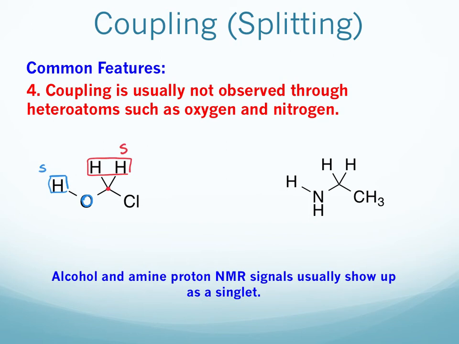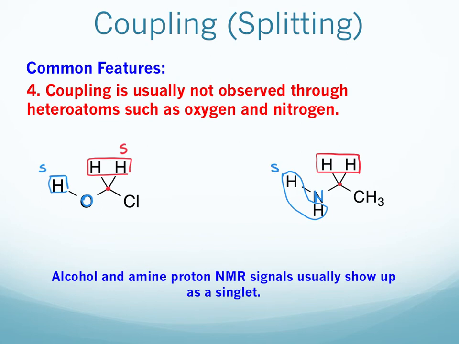Likewise, that's similar for amines. So we have these 2 protons on this carbon. We have the adjacent nitrogen. And we have the 2 protons on that nitrogen. We don't see any coupling there. So the NH2 will just show up as a singlet.